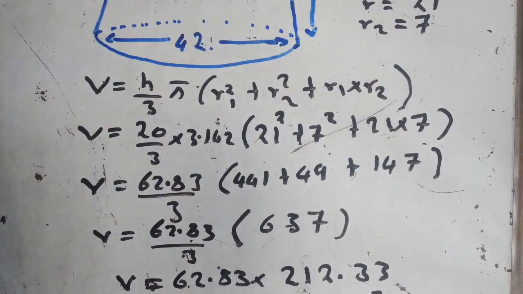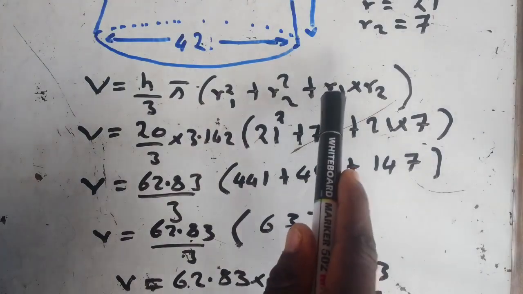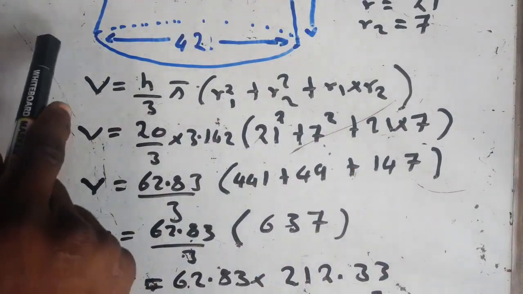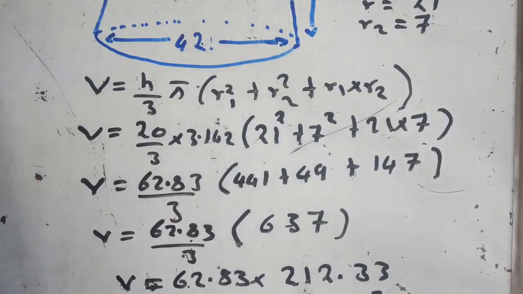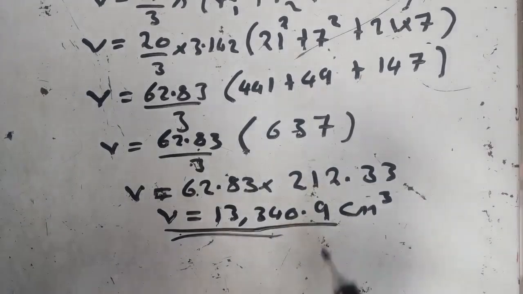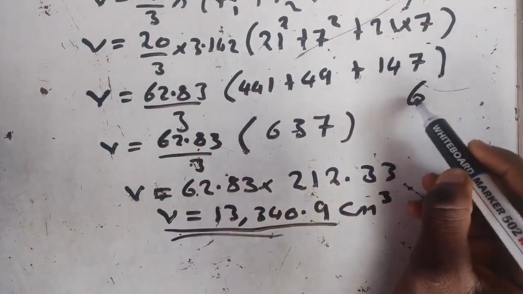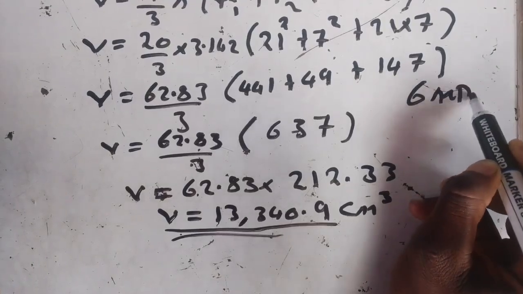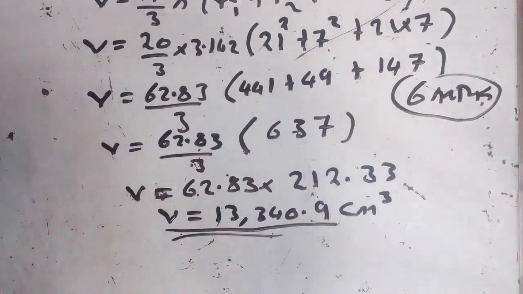In short, you just square the two radiuses given, add them together, then add them to their product, which is radius 1 multiplied by radius 2. So just master this formula. This carries 6 marks, and this is how you can get these 6 marks without any difficulties.